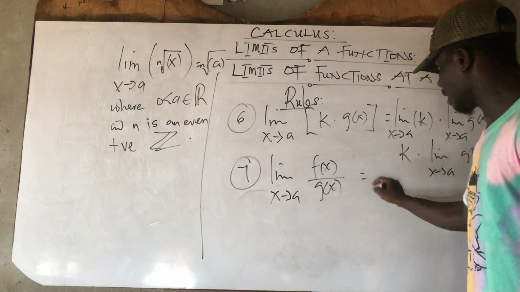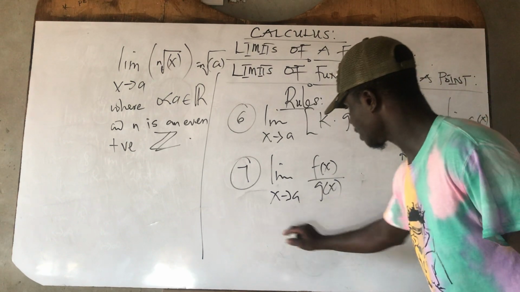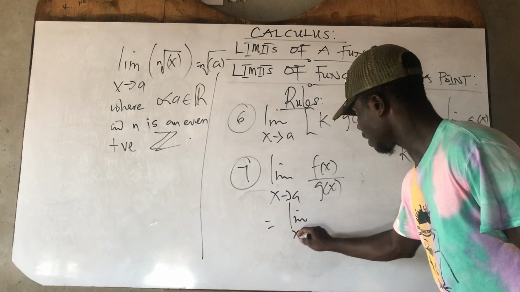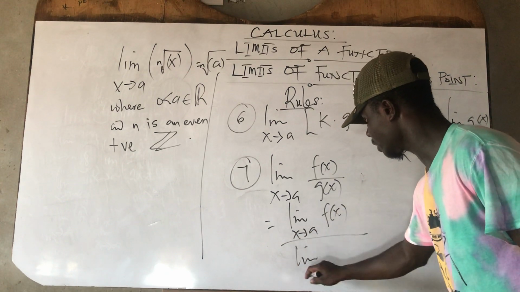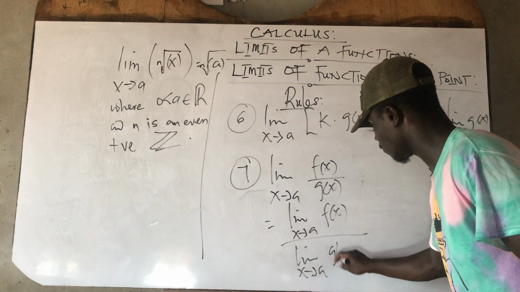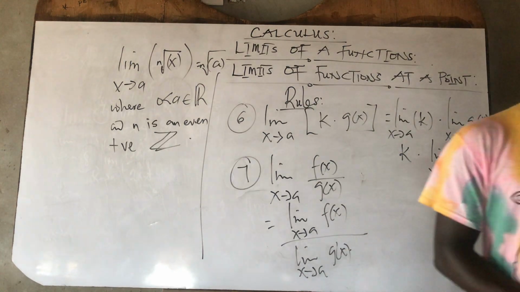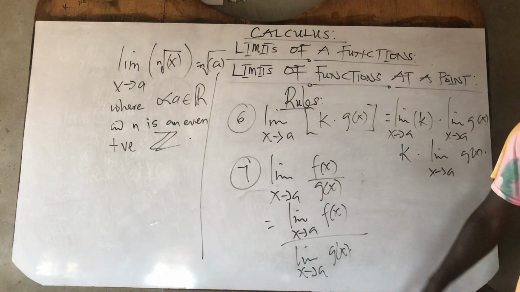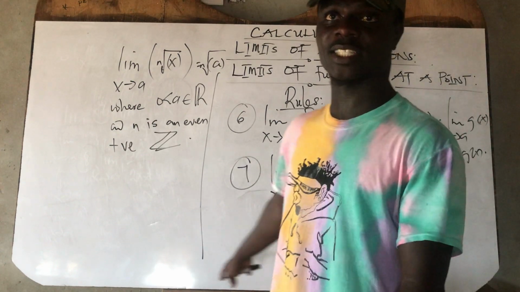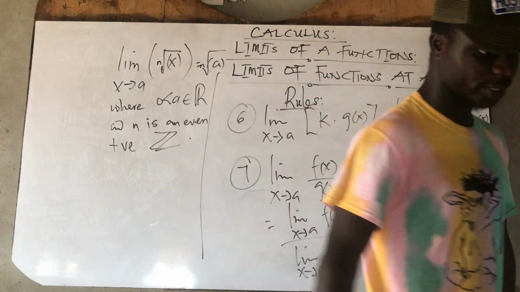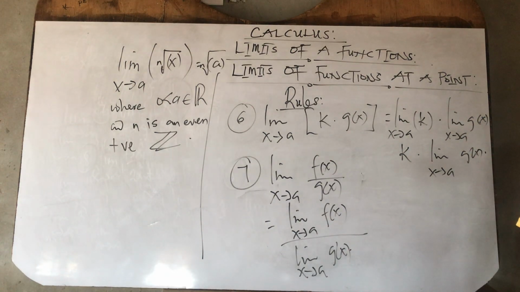We can take this as the limit as x approaches a of f of x all over the limit as x approaches a of g of x, provided the limit as x approaches a of g of x is not equal to 0. So watch it very carefully.